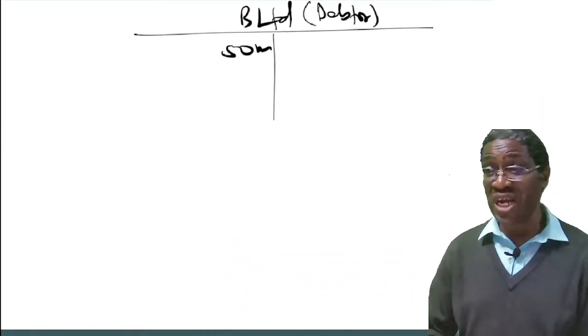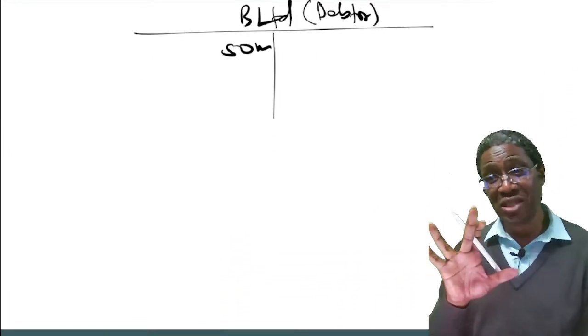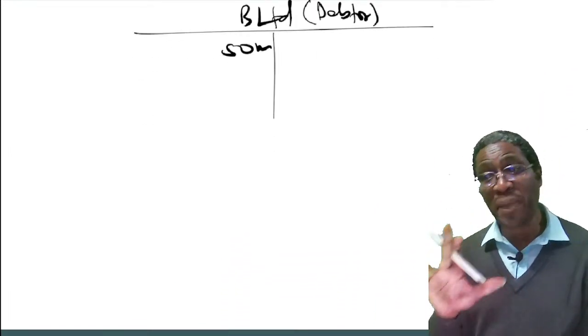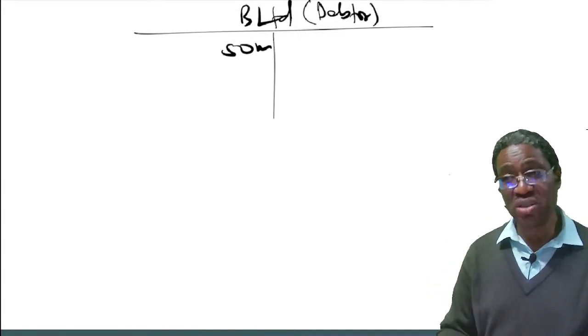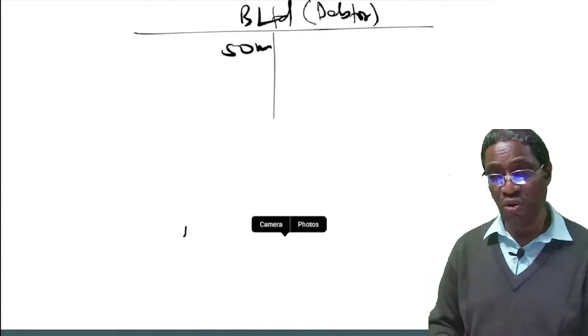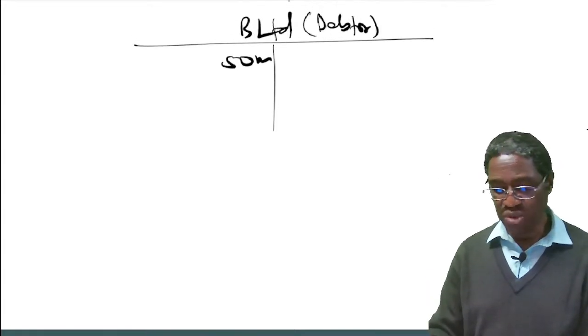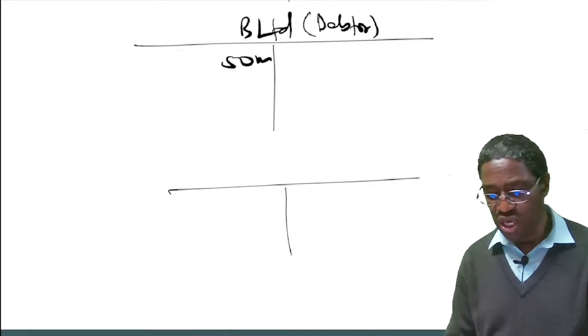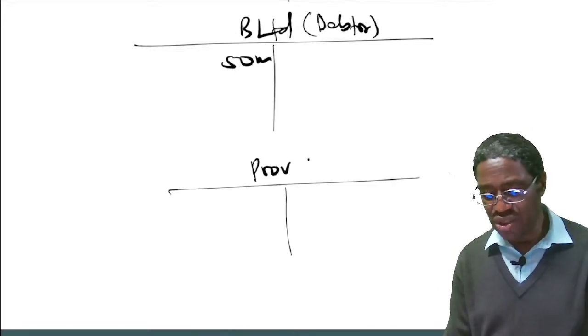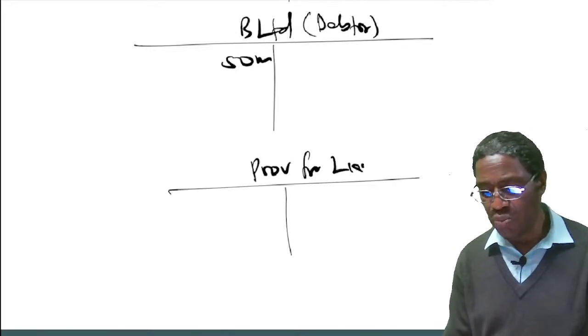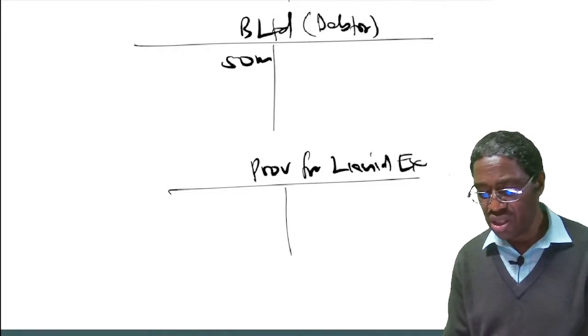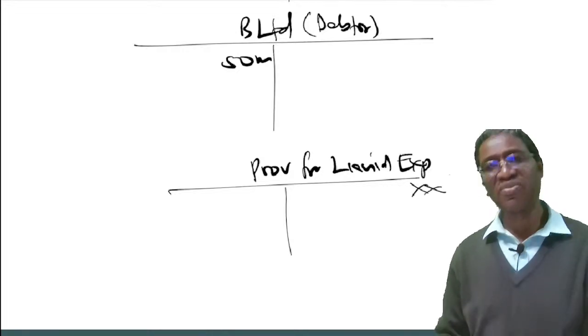Once you realize from the question that it is company B paying for the liquidation expense on behalf of company A, you A will debit realization and credit this account called provision for liquidation expense by whatever the amount.